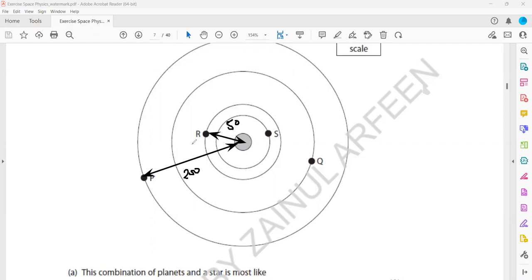The question is, what is the minimum and the maximum distance? The minimum distance is when they are on the same side. So the minimum distance is when R is here.